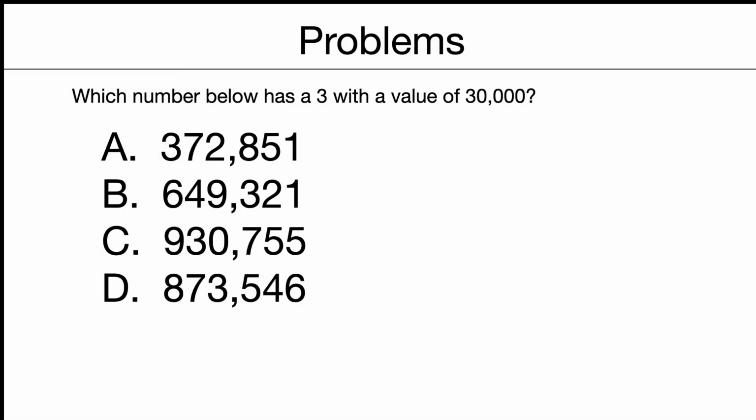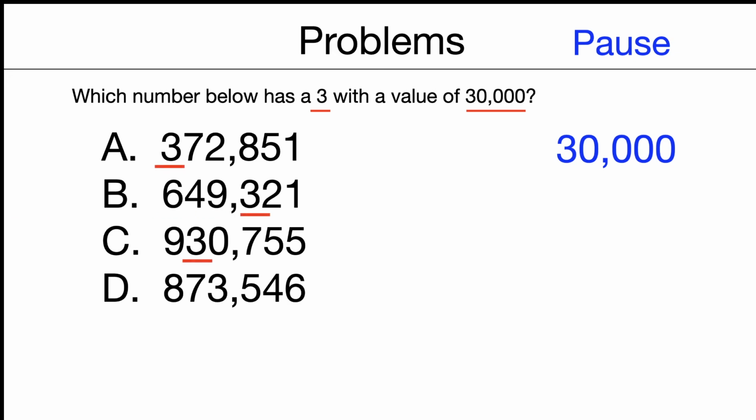Which number below has a 3 with a value of 30,000? Okay. All right, how'd you do? So we're looking for 3 with 30,000. I'm going to put 30,000 up because that's what we're shooting for. And for A, B, C, and D, let's underline the 3. And notice they're all different. So now using our steps, let's look at the value.